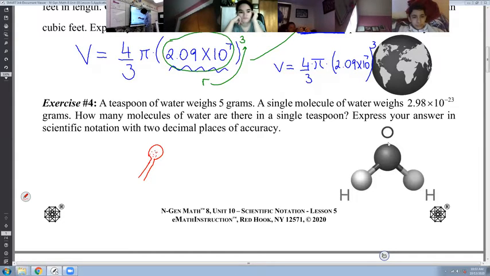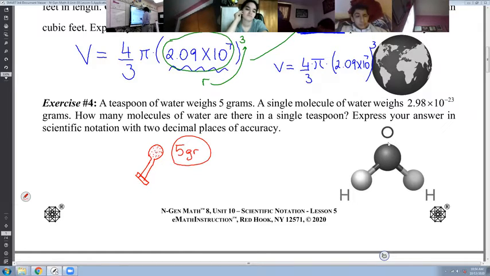Okay. And so now this is, let's say, the teaspoon, and these are the molecules. All right, these are the molecules. And so the total is 5 grams, okay?